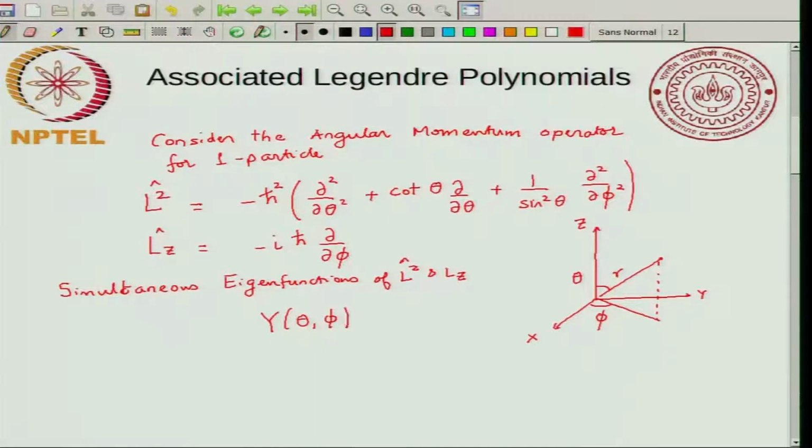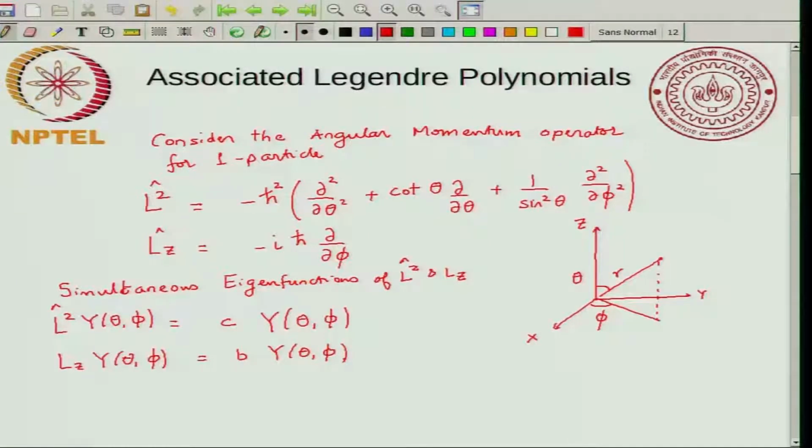So this is the simultaneous eigenfunction of L square and Lz, and what are the properties of y? If you take L square operated on y, you should get some constant, which I will call c, times y, where c is independent of theta and phi. And if you take Lz operated on y of theta, phi, you should get some other constant b times y of theta and phi. So this is what we are looking for.